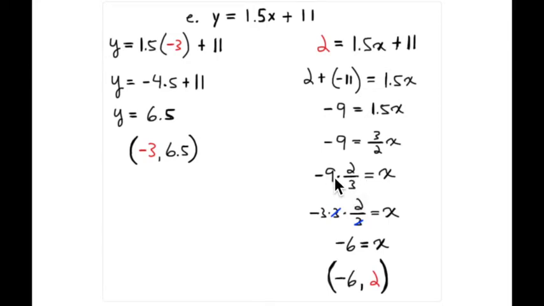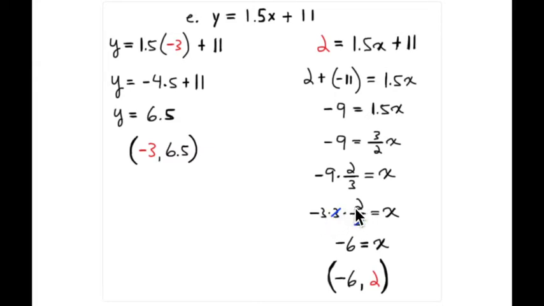Well, negative 9 times 2/3, so write the 9 as factors of 3, 3 times 3, because I have this 3 here. So I know that 9 is a multiple of 3. So negative 3 times 3. So I can factor out those 3's. 3 divided by 3 is 1. So you're left with a negative 3 times 2. So what's the opposite of 3 times 2?